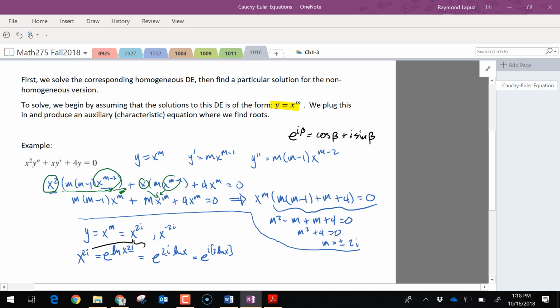So now we can write it using Euler's formula. So this, according to Euler's formula, is cosine of 2 ln x plus I sine of 2 ln x.